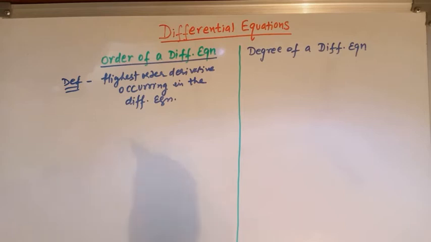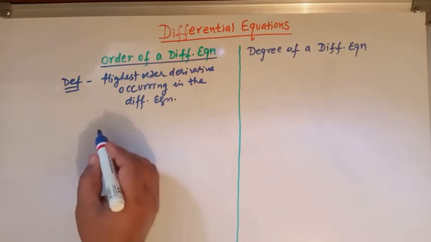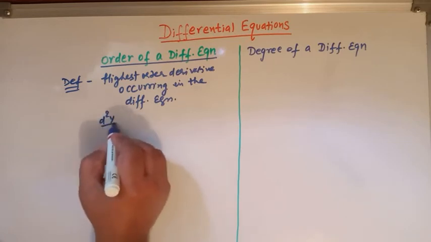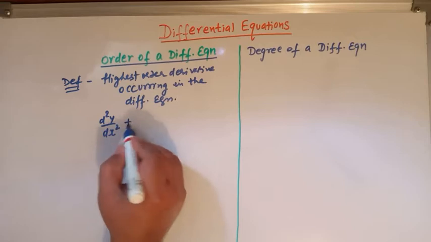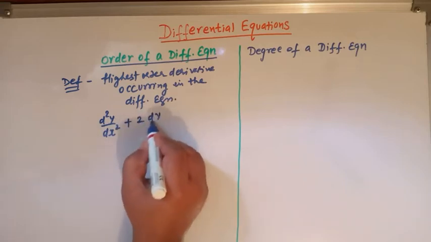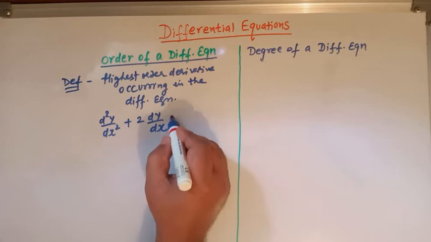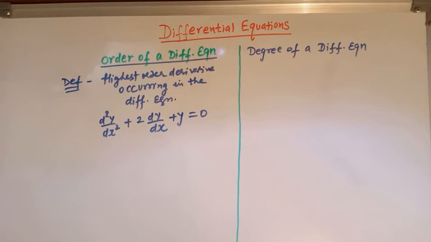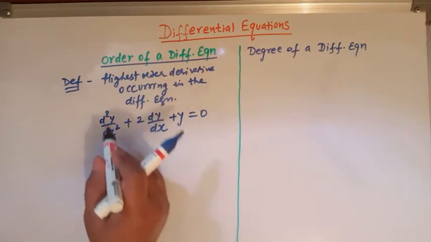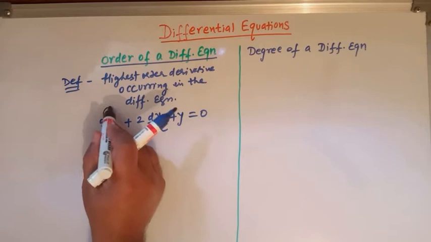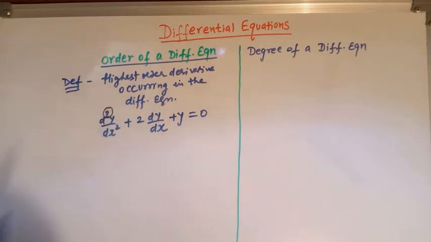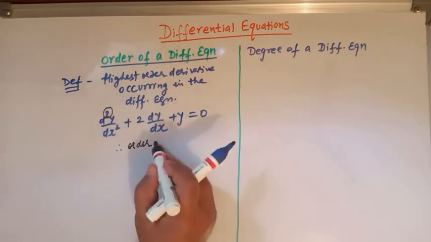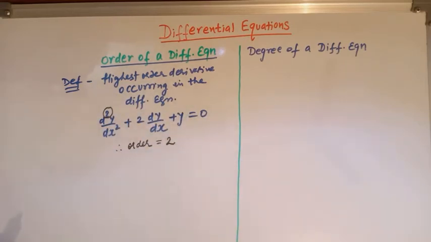For example, suppose we have an equation of the type, say, d square y over dx square plus 2 times dy over dx plus y is equal to 0. Now here we see that the highest order derivative is the second derivative. Clear? The second derivative. So therefore the order of this differential equation is 2. Clear?